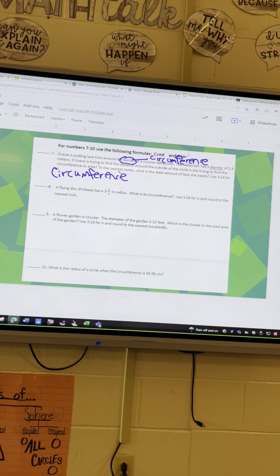What is the least amount she would need? First let's just find out what she's going to need. We want to know the circumference, so C equals pi times the diameter.